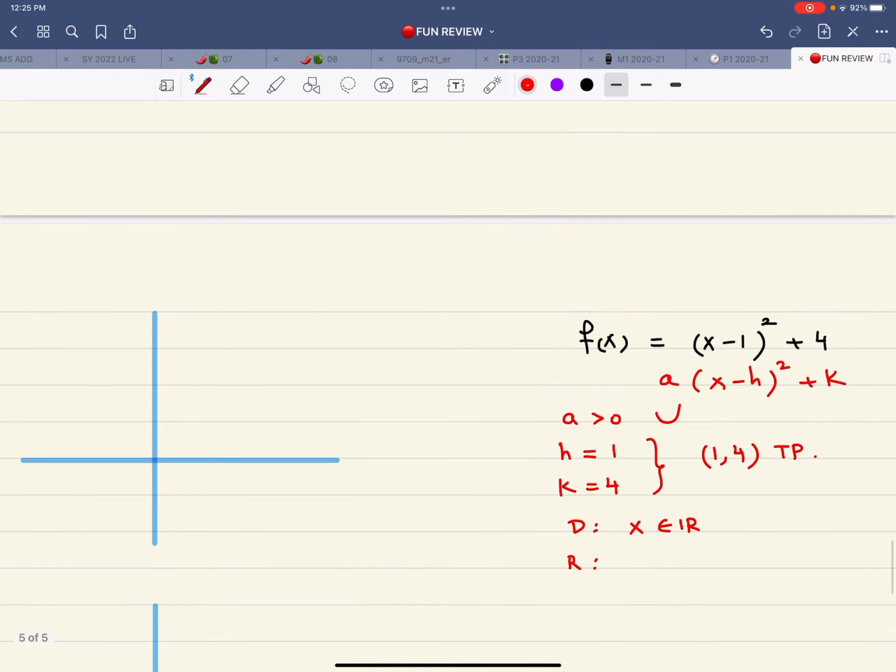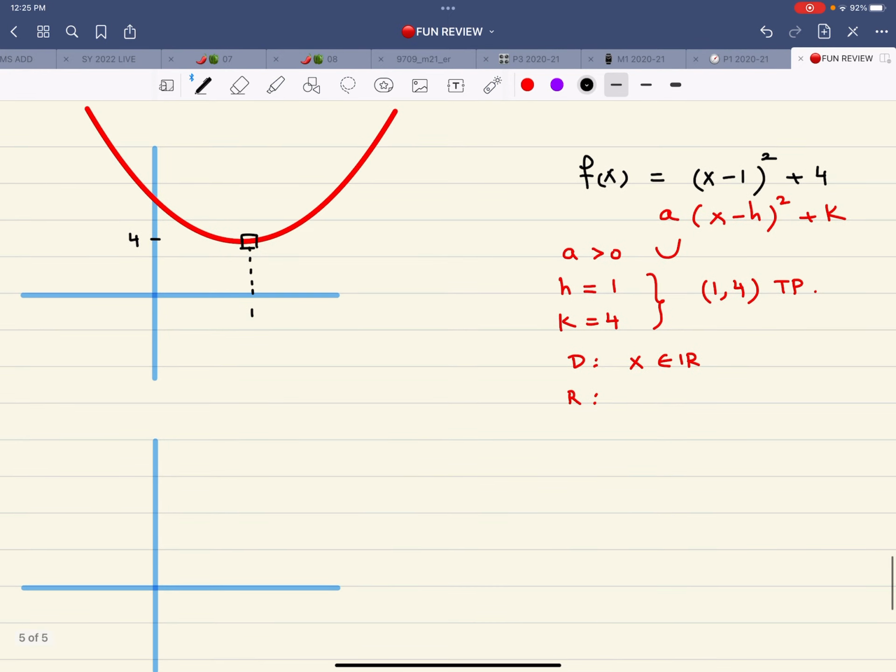So first of all, the graph is something like this. This is 1 and this is 4. That's the coordinate of the turning point. It's a graph of a minimum and (1, 4) is the turning point.